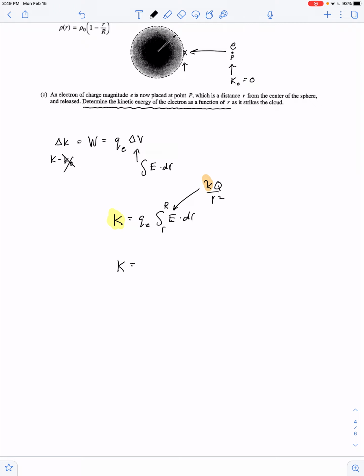So the kinetic energy is equal to k, charge of the electron, charge of the cloud. So, right, I'm pulling the k, the charge of the cloud, out of the integral sign, keeping the charge of the electron here, and then we're left with the integral of r to the negative 2 dr.